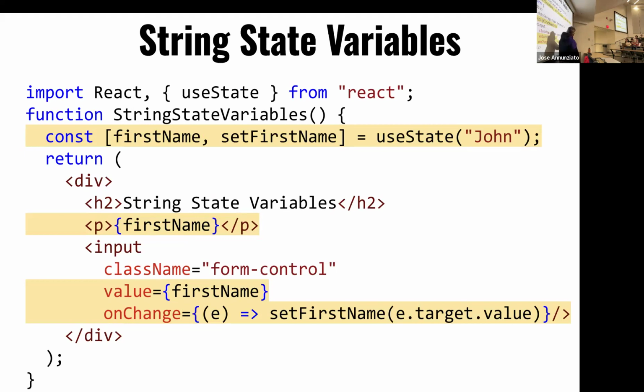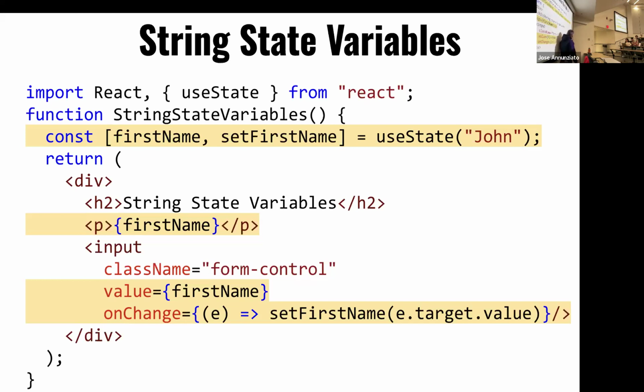It has a target property that has a reference to the actual DOM element that changed, whether it was the button that was clicked or the checkbox that toggled, or in this case, the input field that I typed in. So this e.target is a DOM element. It's a reference, a pointer, to the actual input field or the DOM element that generated the event.